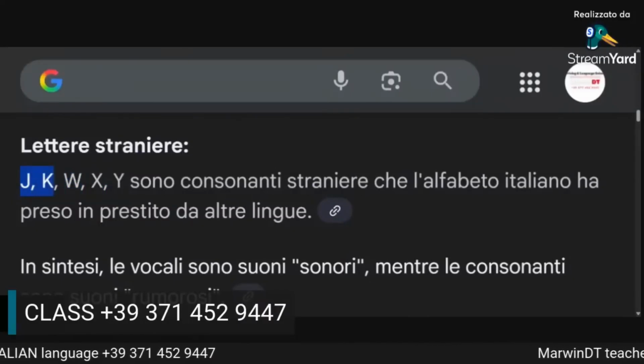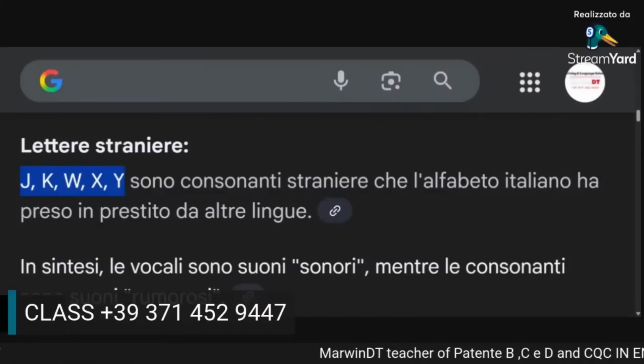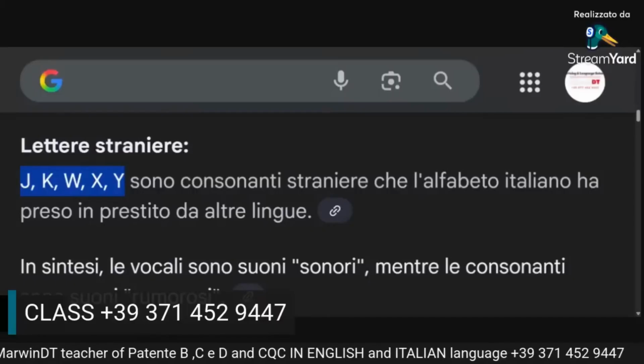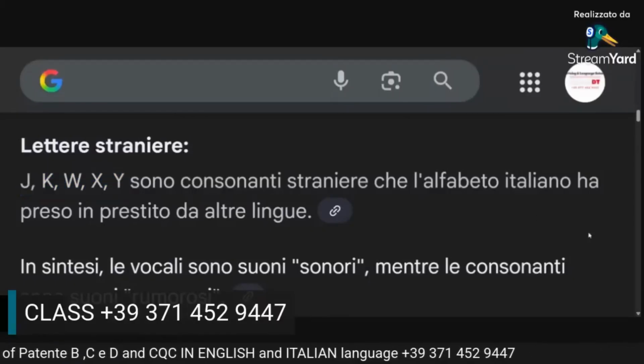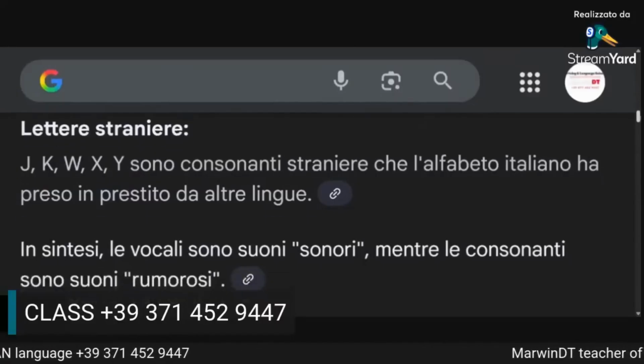Or let me say Y. Okay, very good. So these are the vocali and the consonanti in Italian language.